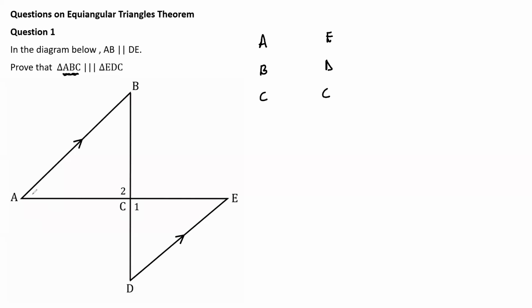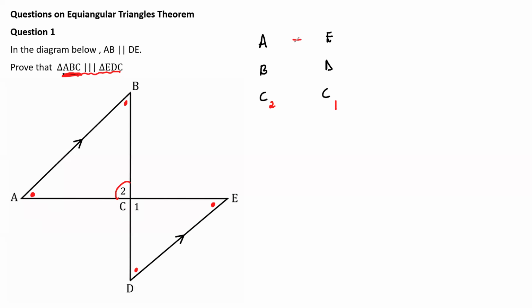A is just A. B is just B. Then C, I'm thinking it's C2, so I want to write it down as C2. So you list them: A, B, C. E, D, C. E is just E on its own. D is just D on its own. But C is C1. Prove that they are similar.